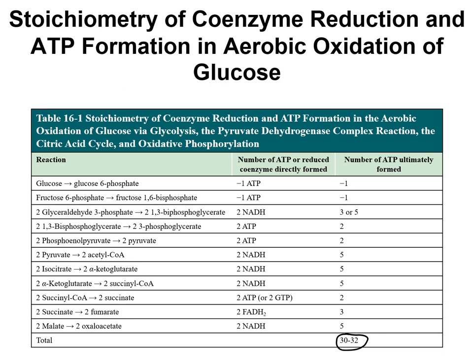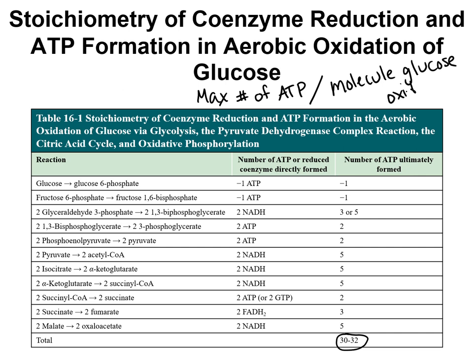We haven't even considered the oxidative phosphorylation that occurs in the mitochondria as well. But what I do want you to know is the maximum number of ATPs per molecule of glucose. And so far, our tally is about 32.